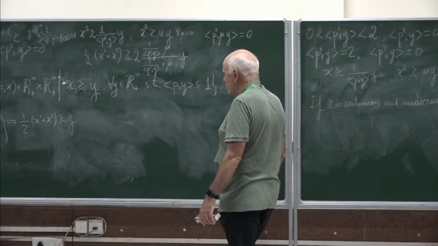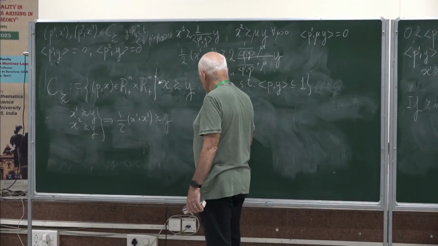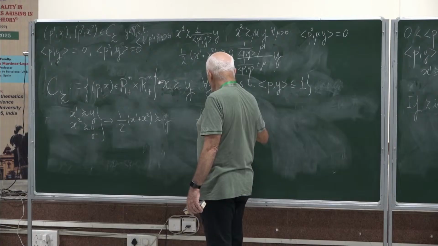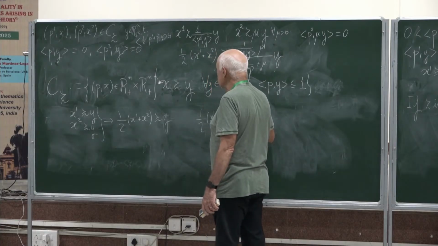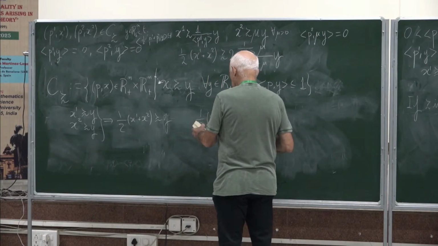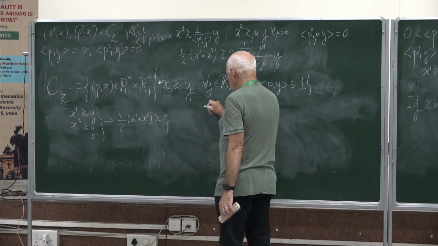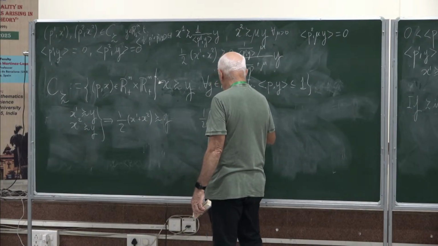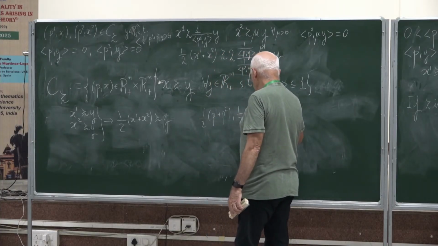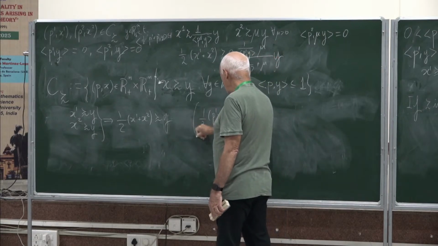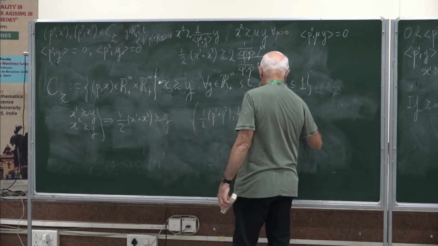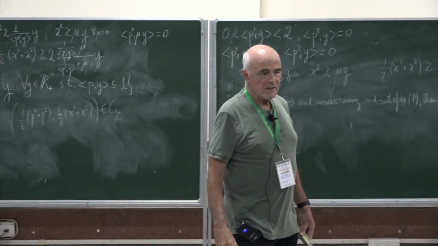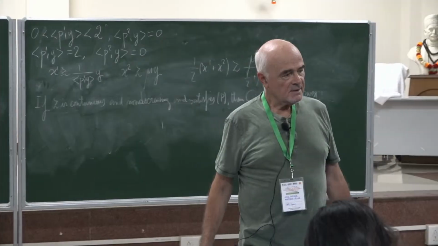Okay, so in this third case, I also get that the pair 1/2 P1 plus P2, 1/2 x1 plus x2 belongs to C. So the proof is complete, but after adding these necessary assumptions.